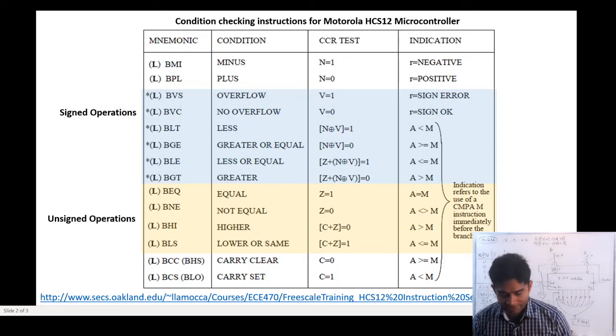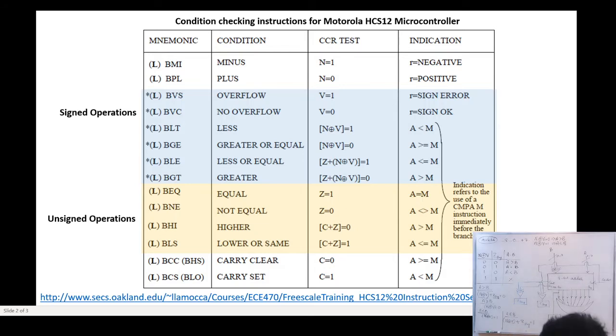Now, if you notice here, you have different codes. You have the mnemonic, as you can see here. These are the branch instructions.